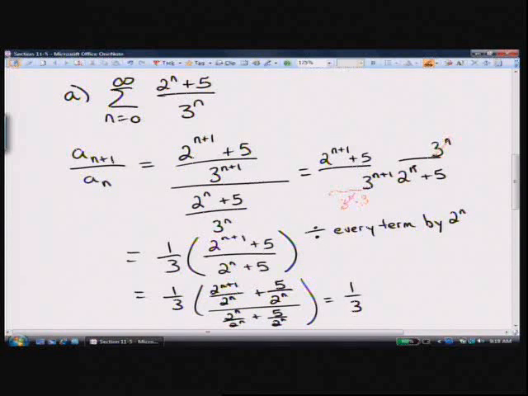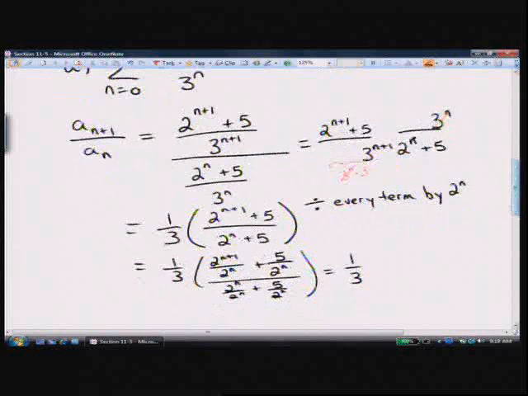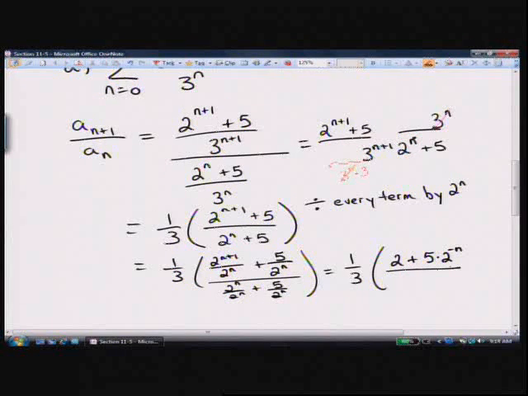So what is 2 to the n plus 1 divided by 2 to the n? The same logic: this will be 2 to the n times 2, and then the 2 to the n's will cancel, and so you'll just get 2 plus 5 times 2 to the negative n, over 1 plus 5 times 2 to the negative n.